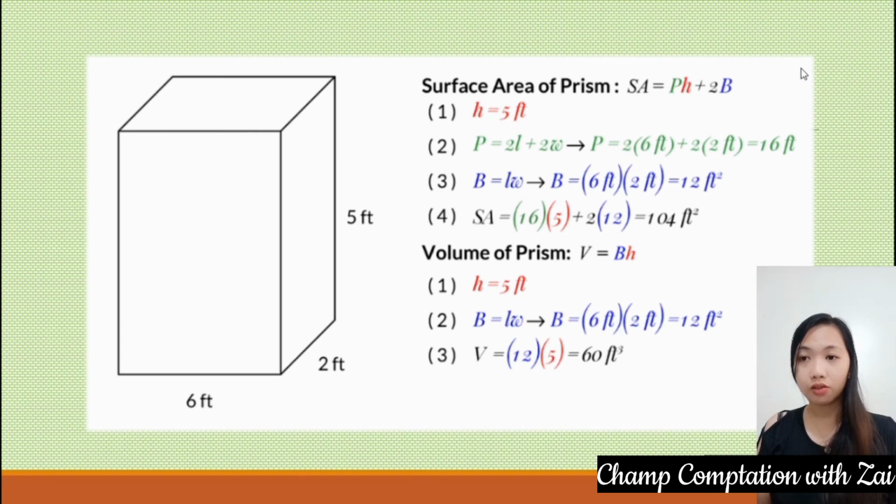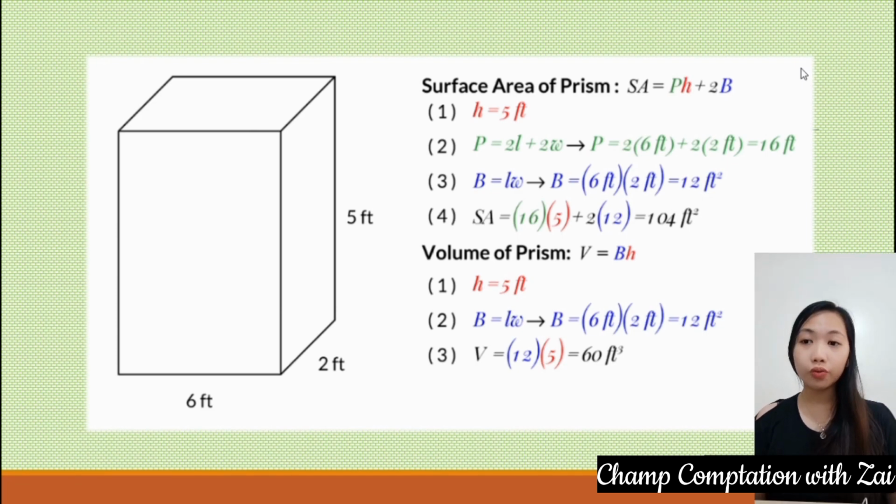So substituting the values, for the total area, we have 16 multiplied by 5 plus 2 multiplied by the base of 12. Computing the values, the total is 104 square feet. Okay, so that is the area of the given prism.